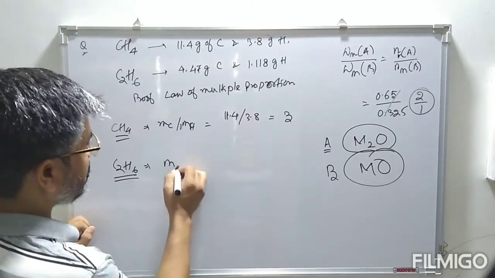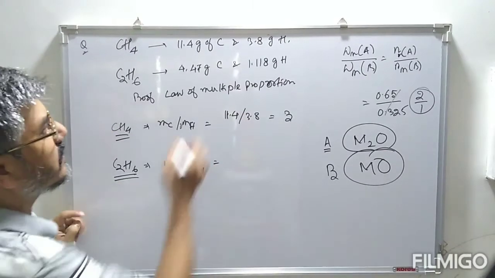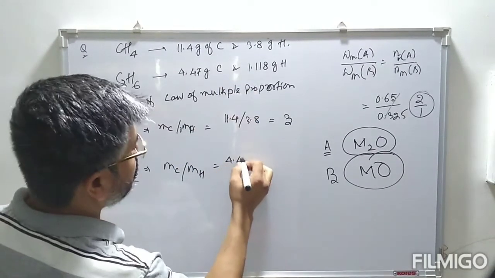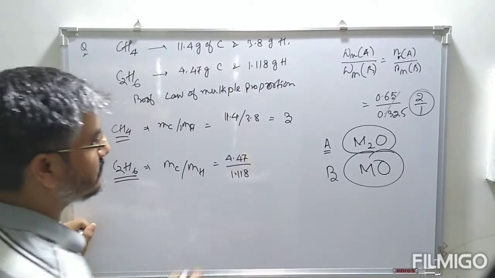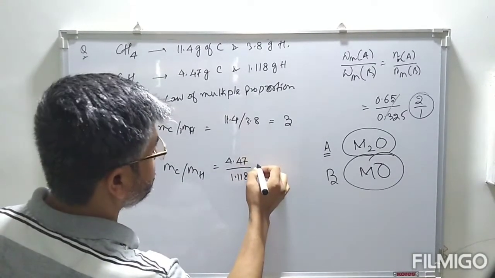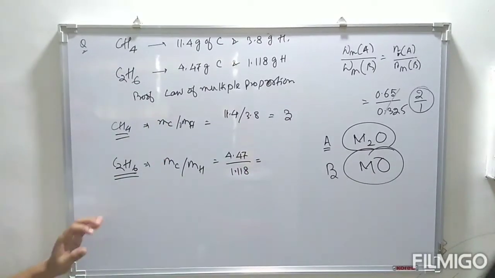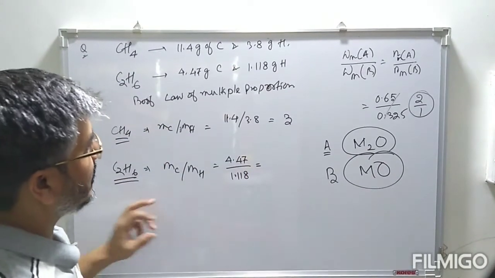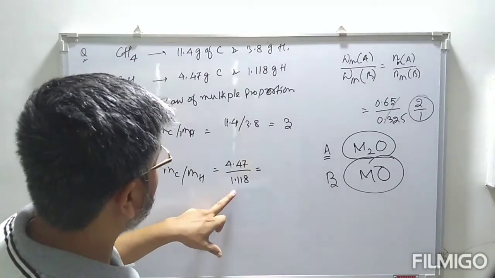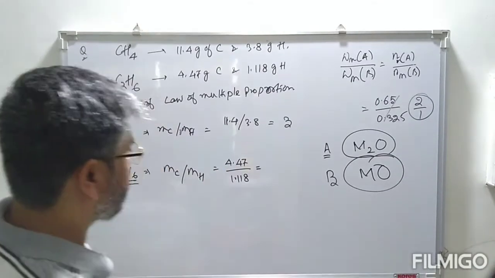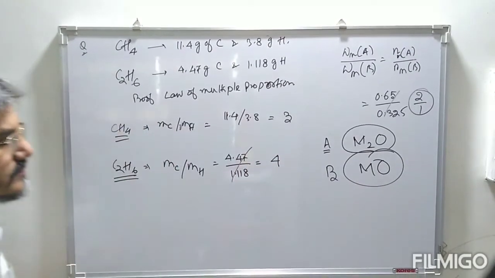So we have 4.47 divided by 1.118. So again, this is approximately coming to 4.